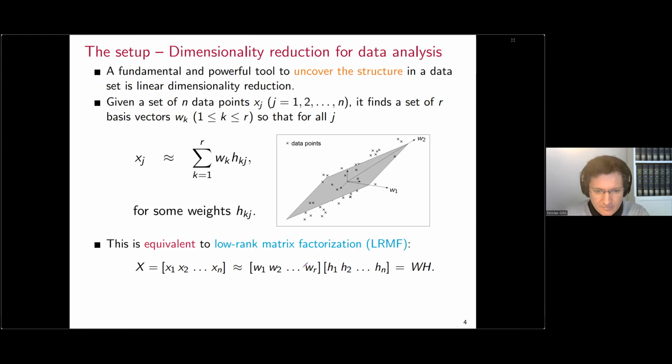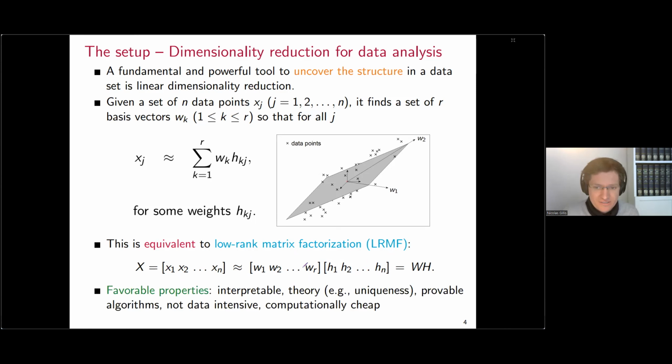Of course, such models are relatively simple, but they have many favorable properties. They are typically easily interpretable, and I will show you 2 nice examples just after. We have a very good understanding from a theoretical point of view and also from an algorithmic point of view.